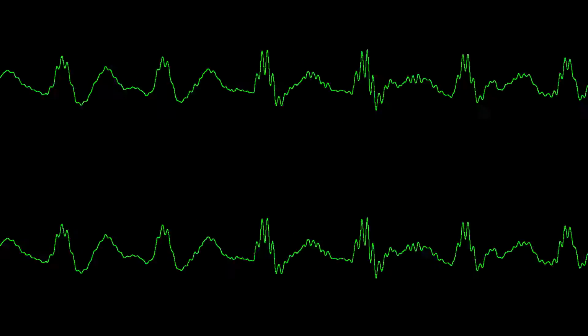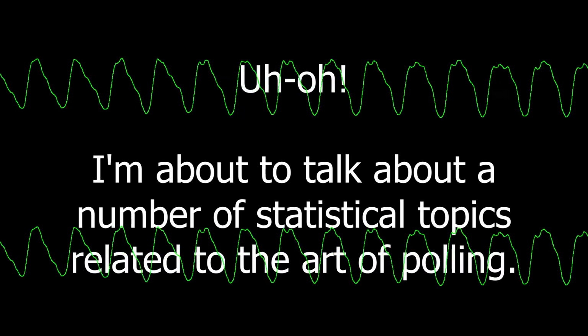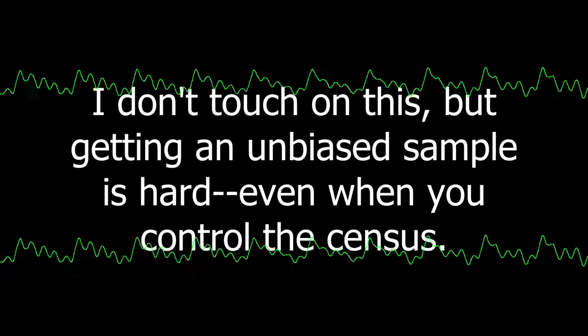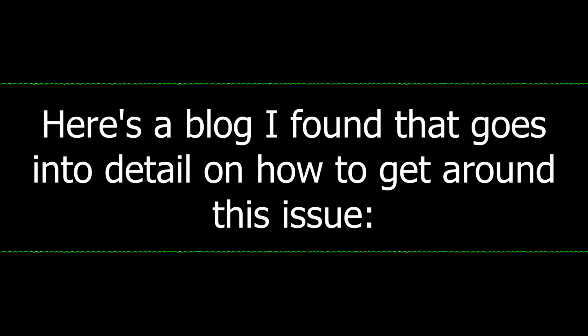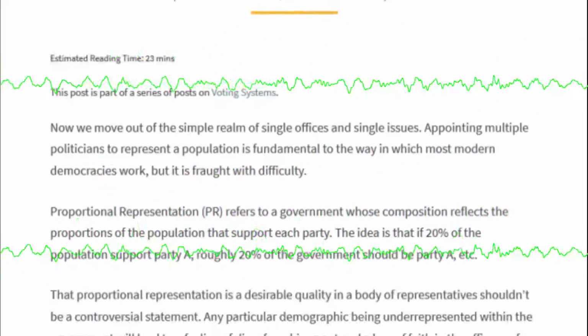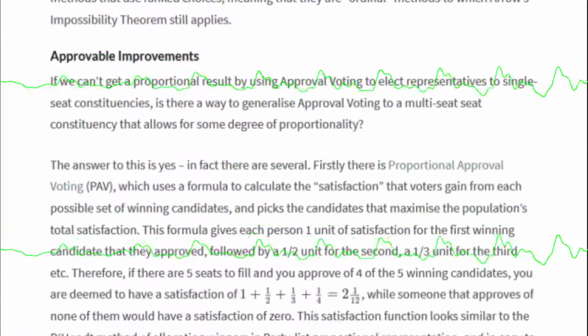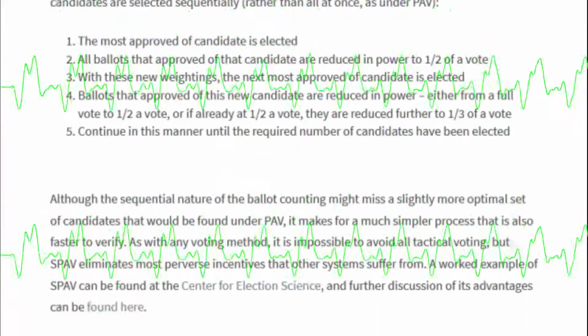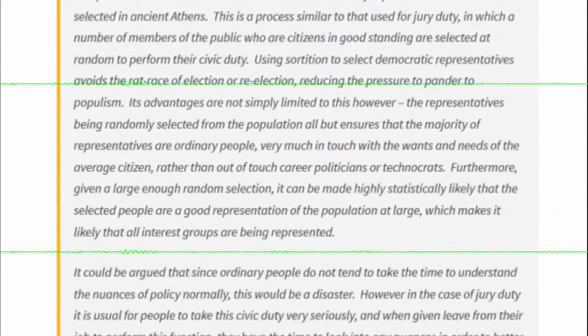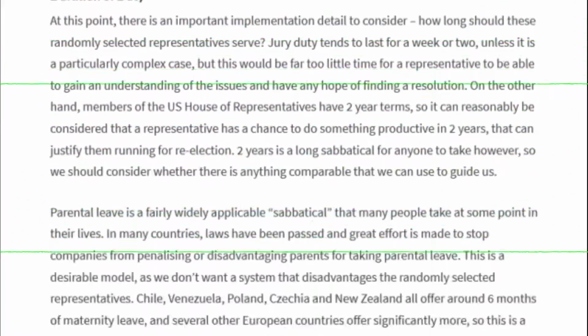A lot of ink has been spilled trying to exactly deduce what a representative sample is. If we're only using a particular assembly for one issue, then as long as we're actually choosing at random from the electorate or whatever, we really don't need to worry about much else.